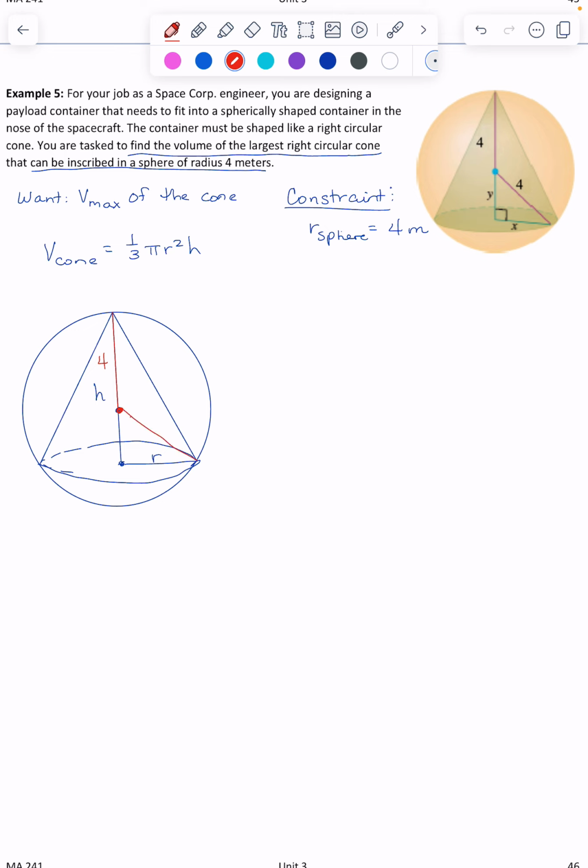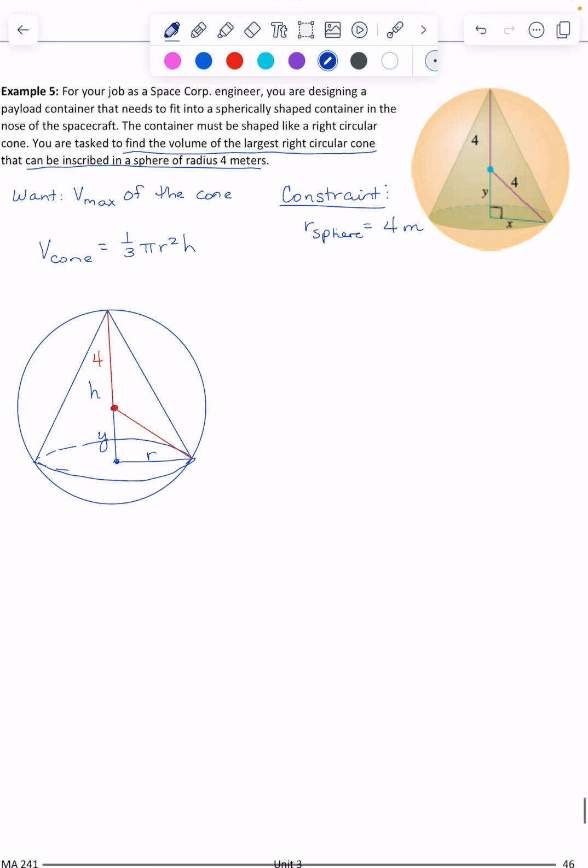So it's 4 meters from there over here to the edge of my radius. What the picture does is it labels the bottom part X and the part going up Y. I'm going to name it R just because it's a radius, and I'll still leave this one Y.